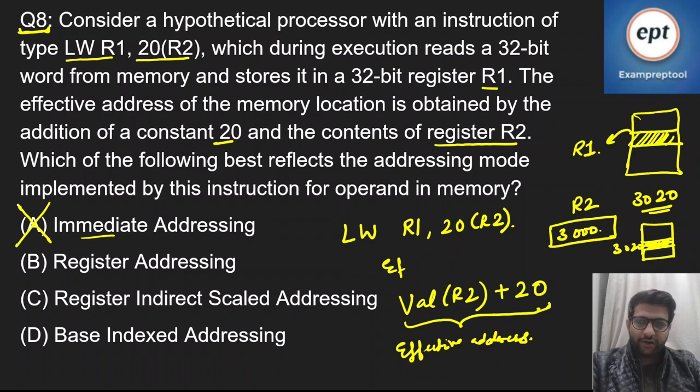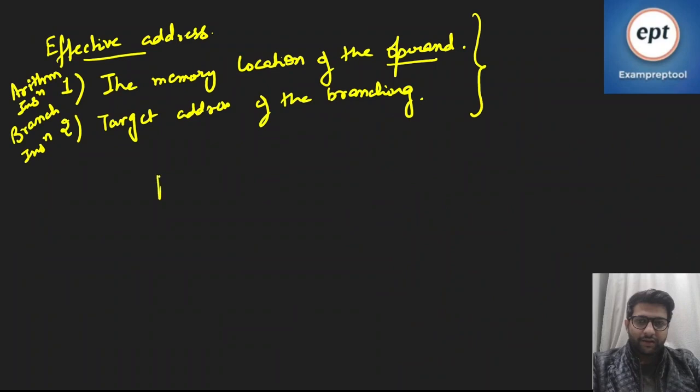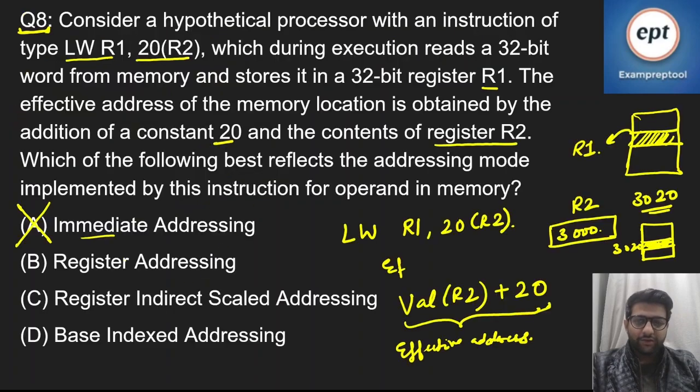The second is register addressing. In register addressing, we do not add anything; we directly take the value from the register itself, where the operand is stored. So this is also wrong.